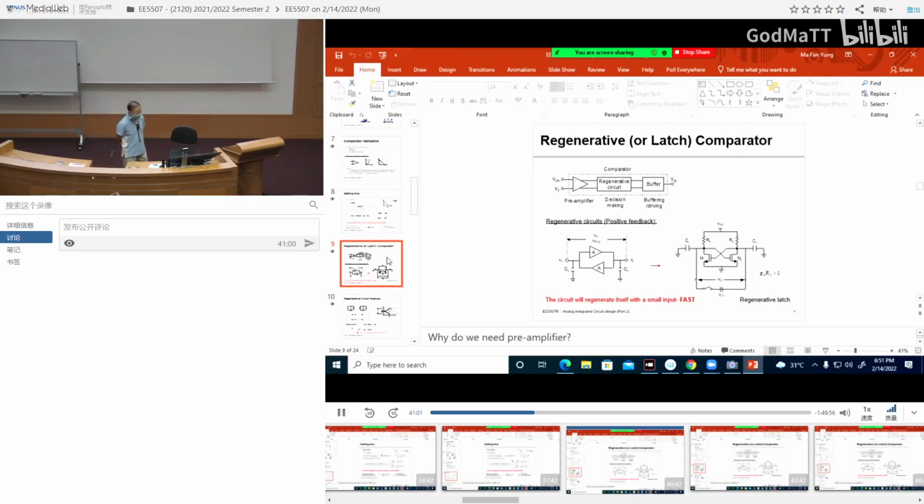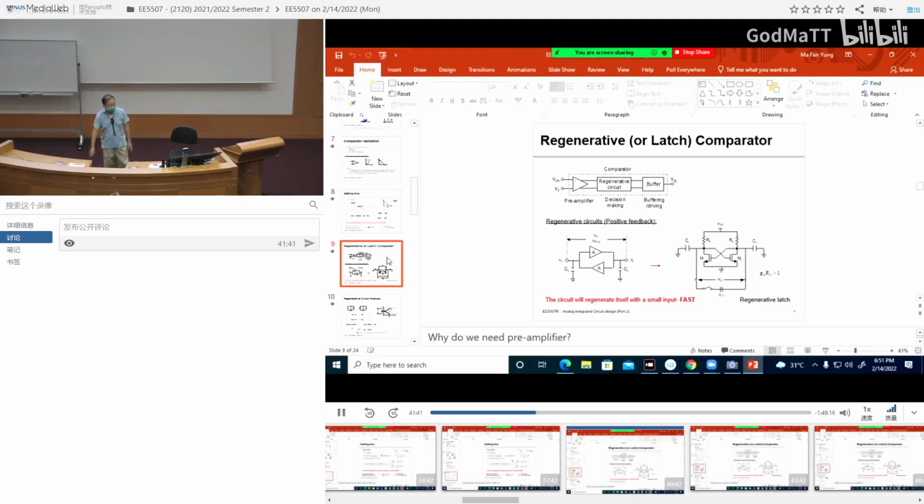So one idea is to use an op-amp as my comparator. If I want to make it faster, what must I do? I need to make the bandwidth wider, and once the bandwidth is wide enough, my output current also needs to be bigger, because it needs to rise very fast.